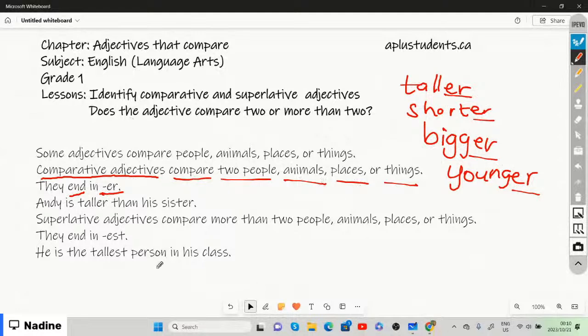A sentence example is: Andy is taller than his sister. That is two people, Andy and his sister. So taller is our comparative adjective.